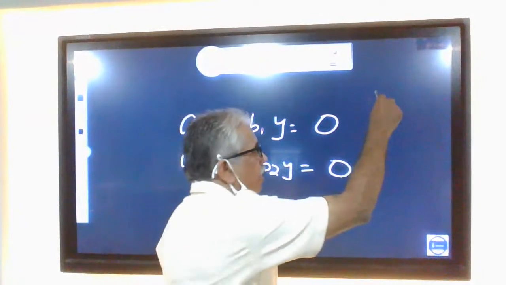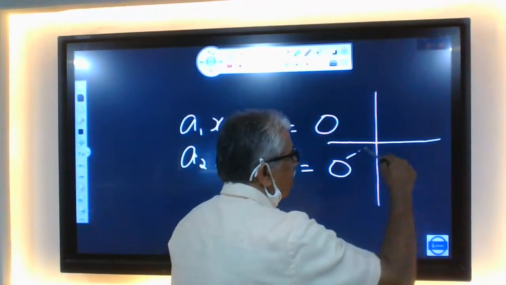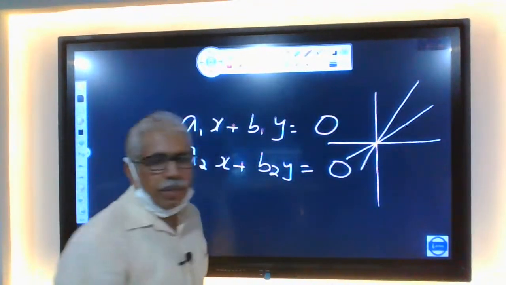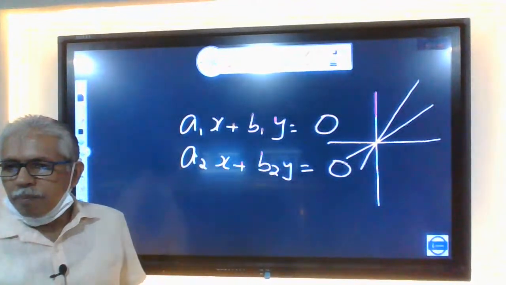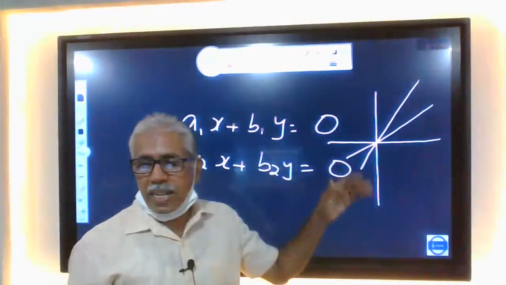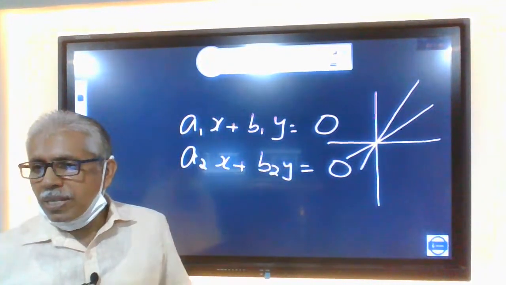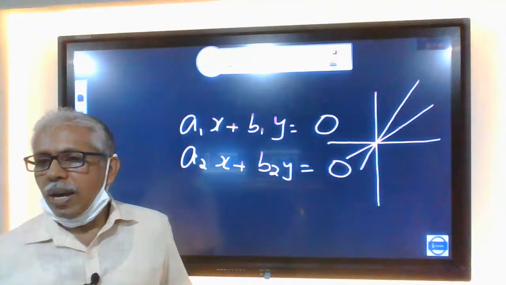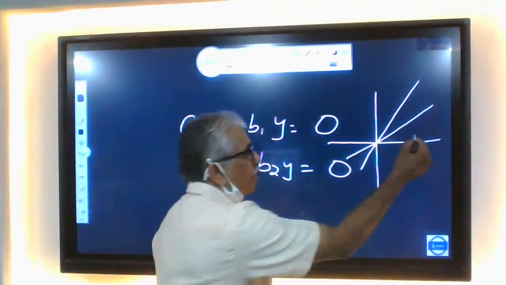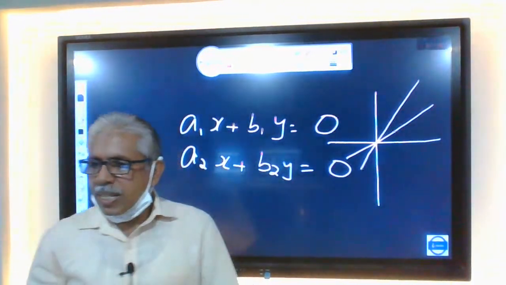So if you draw the graph with two straight lines, both pass through the origin. Origin will be a common point. So if the two straight lines intersect, the origin is the only common point, and so the origin is the only solution.